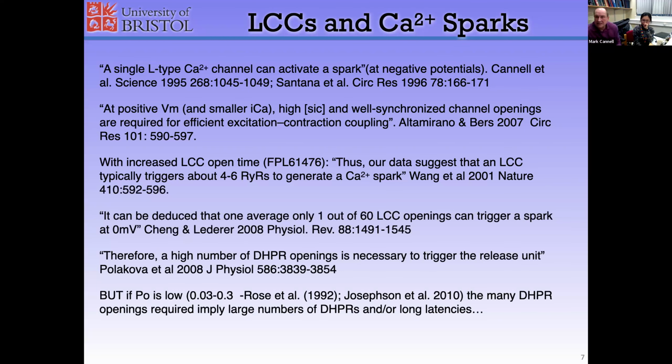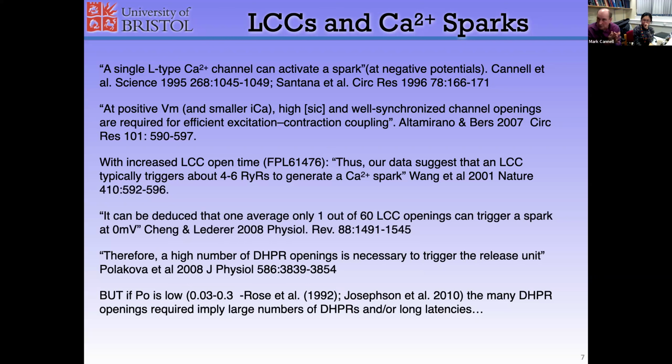But it seemed to us that this is a little bit of a problem, because if the opening probability of the DHPR is quite low, as it appears to be, then very large numbers of DHPR openings would be required to activate the calcium spark. And that would imply a very long latency compared to the close time of the L-type calcium channel.